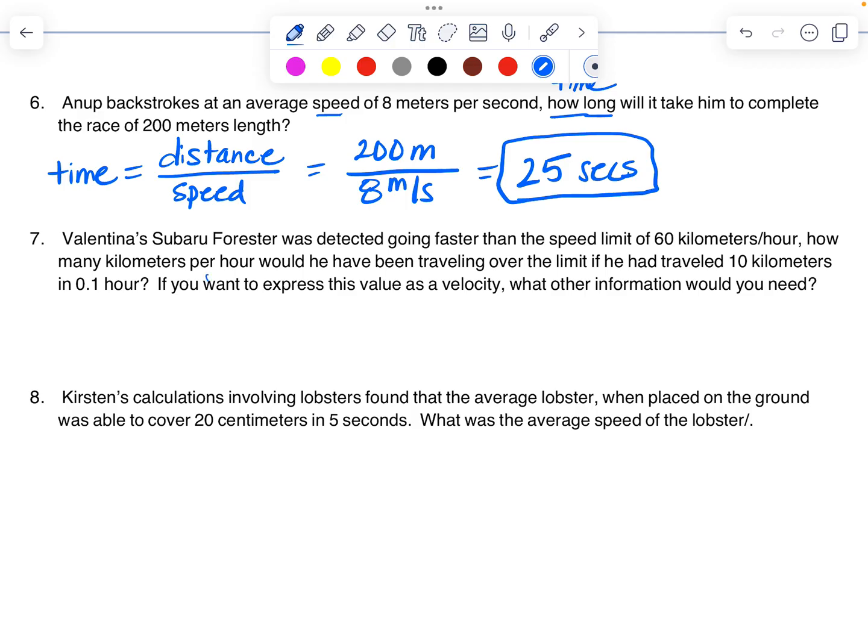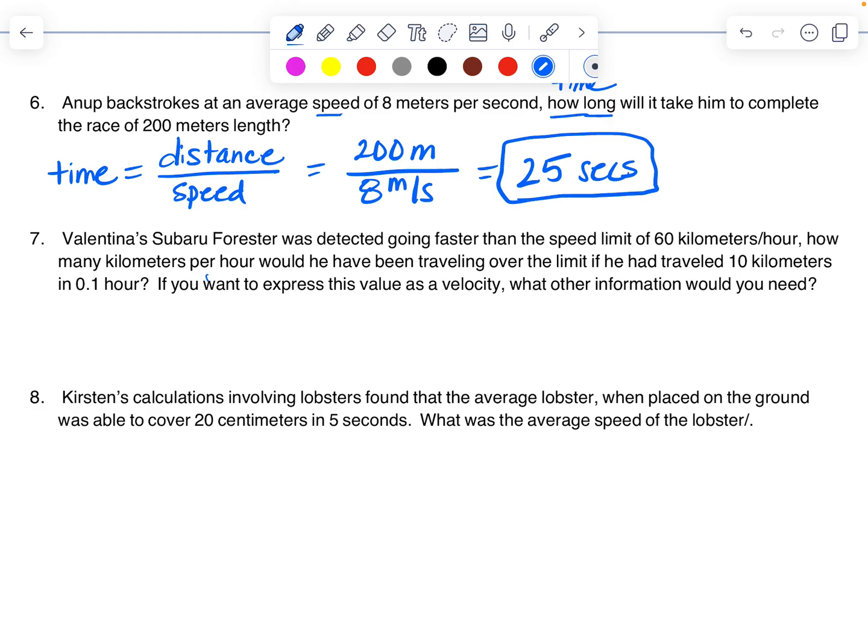So that 60 kilometers per hour is just telling you the speed limit. But it's saying he had traveled 10 kilometers in 0.1 hours. So what's his velocity? You've got to read that one carefully.